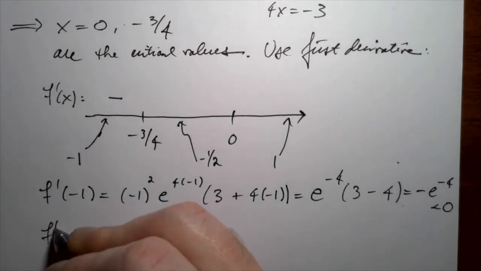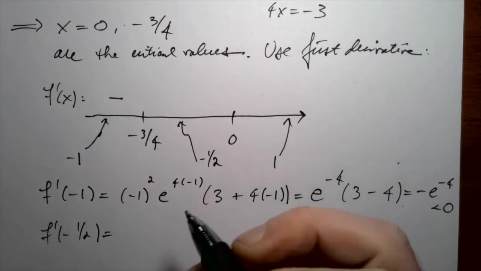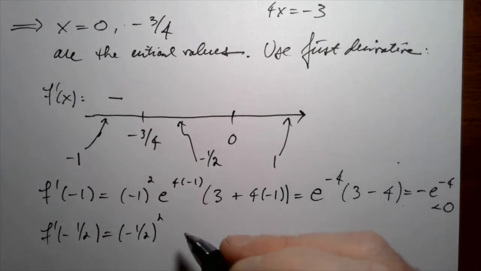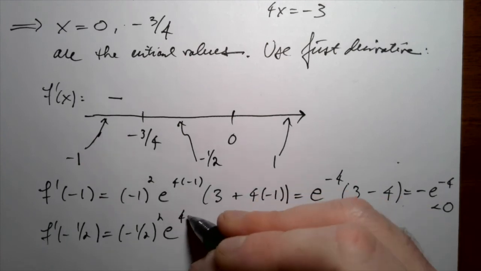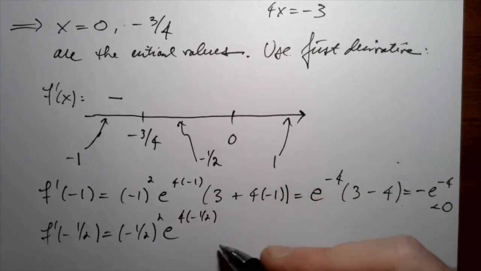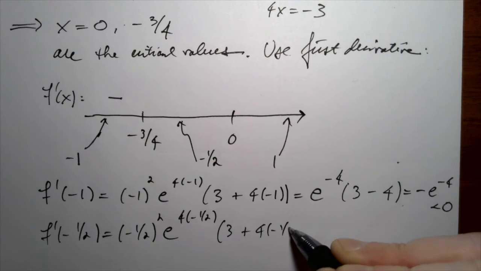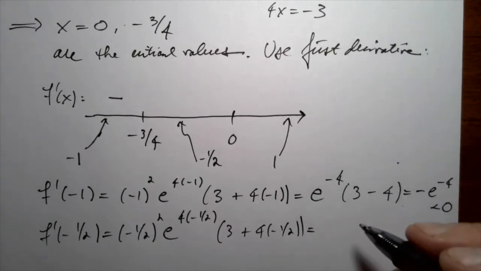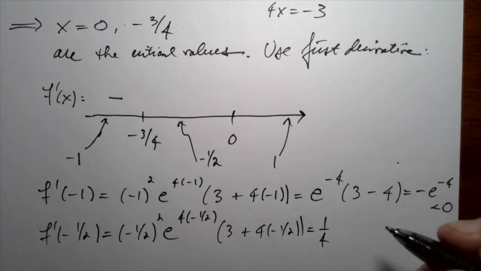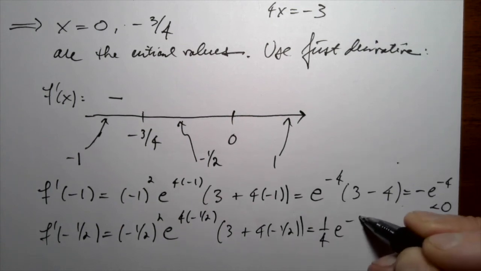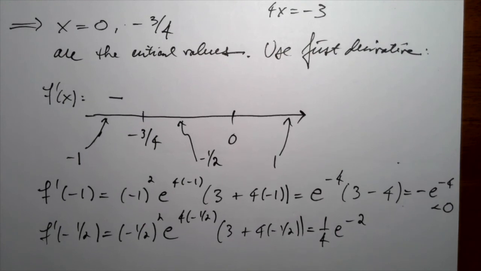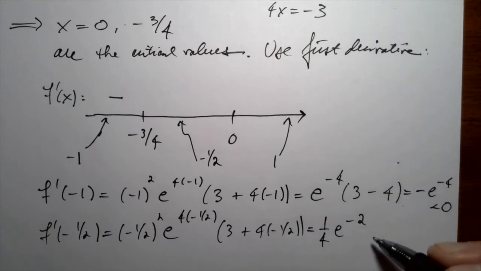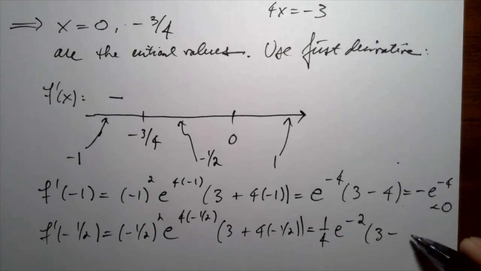Okay, next let's plug in minus 1/2. What happens then? So it'll be e to the 4 times minus 1/2, and then we have 3 plus 4 times minus 1/2. Minus 1/2 squares to 1/4, and then we have e to the minus 2, coming from 4 times minus 1/2, and then we have 3 minus 2.